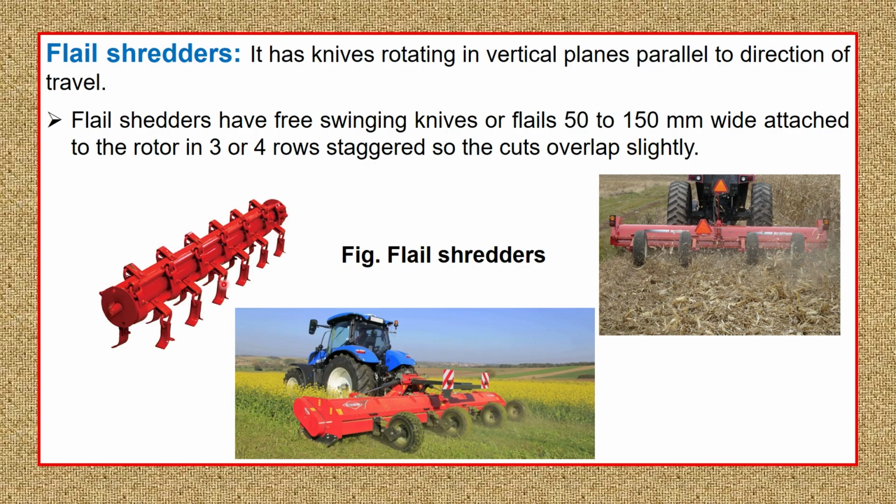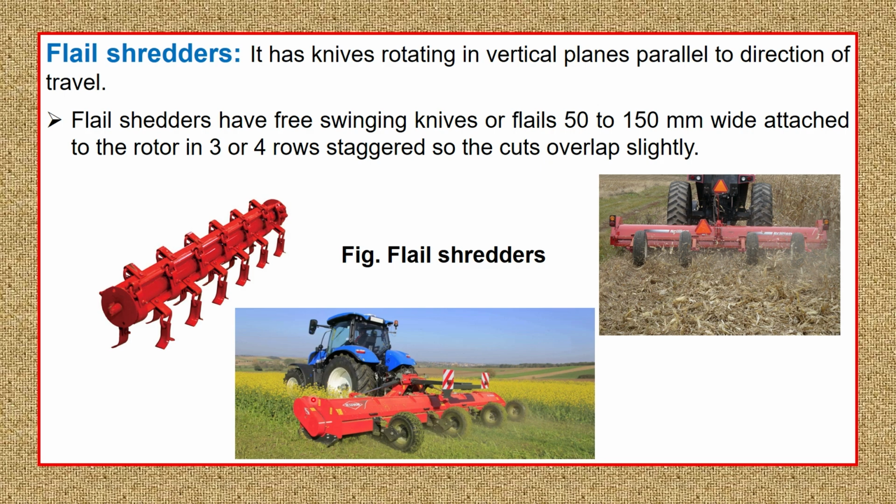There will be 3 to 4 rows of such flails, and each flail is positioned in such a way that it will not follow the path of the previous one, so that no crop is left as the implement is operated in the field. So they can cover the entire field without much overlapping.